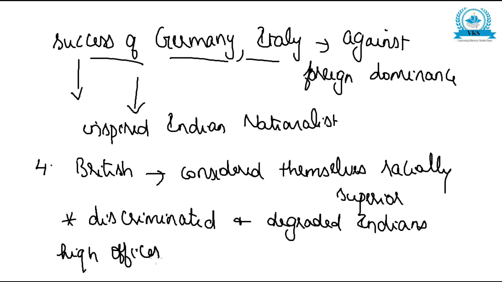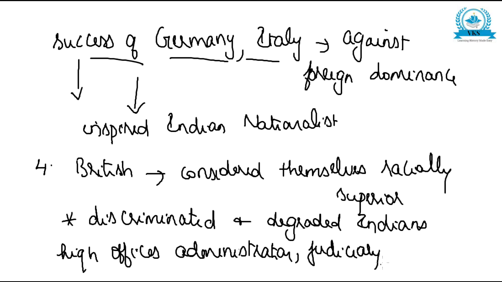All the high officers in administration, judiciary, legislature, all were given to the British only. Indians did not have the chance to be appointed in any of these high offices.